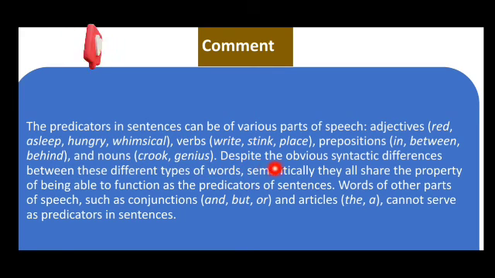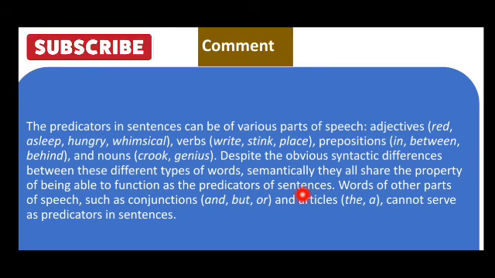So despite the obvious syntactic differences between these different types of words, semantically they all share the property of being able to function as predicators of sentences. So a noun can be used as a predicator, a preposition can be used as a predicator, a verb can be used as a predicator, and an adjective can be used as a predicator. Right?